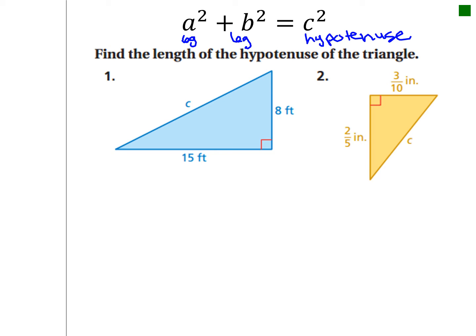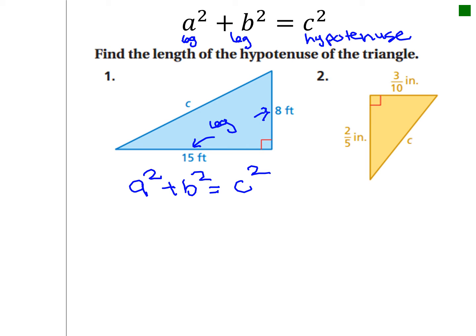Okay, let's go ahead and find the hypotenuse. What we're going to end up doing is plugging in what we know to solve for what we don't know. So let's start with the equation. First leg squared plus second leg squared is equal to the hypotenuse squared. 15 and 8 are your two legs.